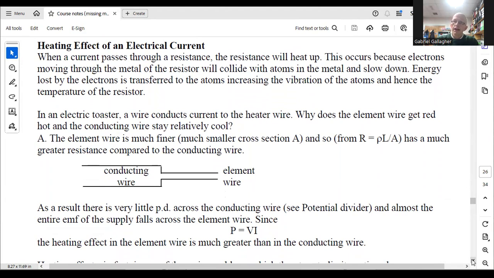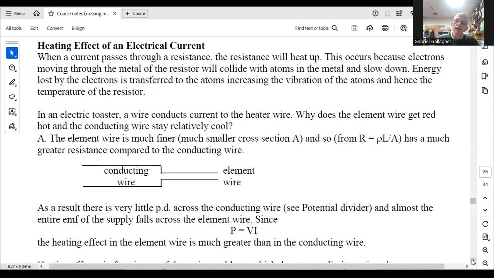The current passes along the wire in the lead, and then passes into the very fine wire in the resistor in the toaster. Now, why is it that the toaster wire gets very, very hot, and yet the wire in the cable doesn't? Well, really, the toaster wire is very, very fine.